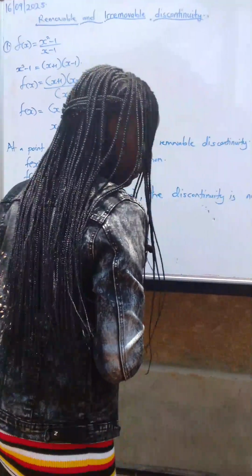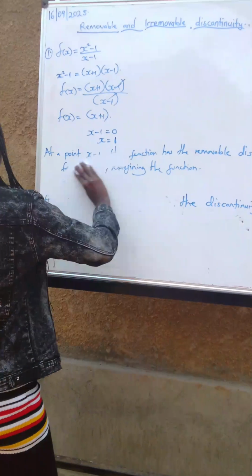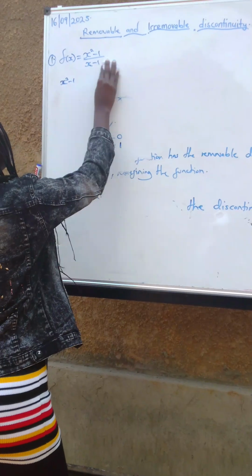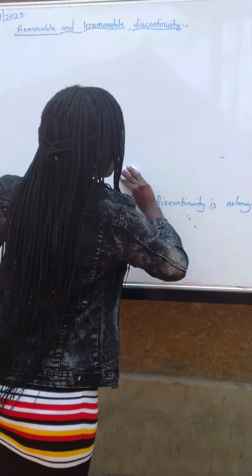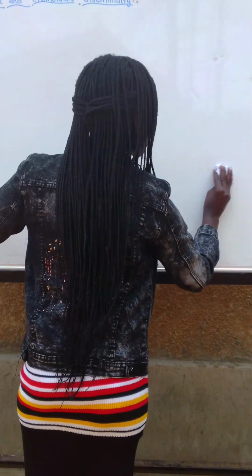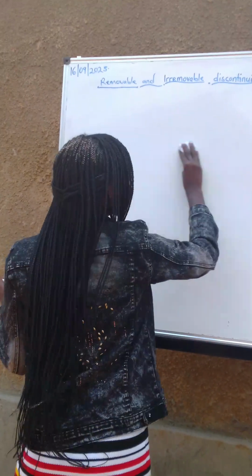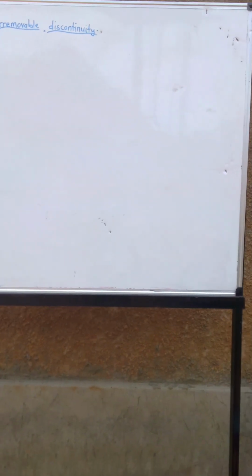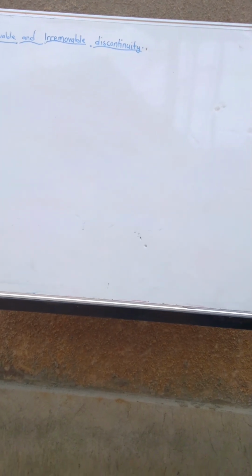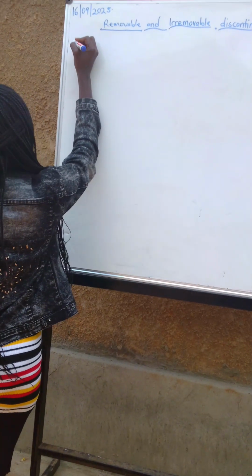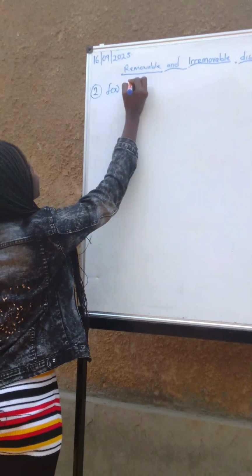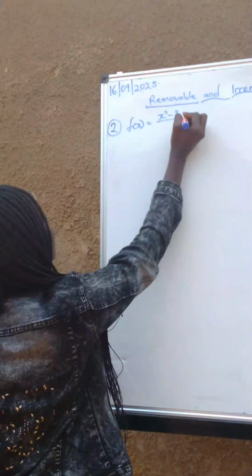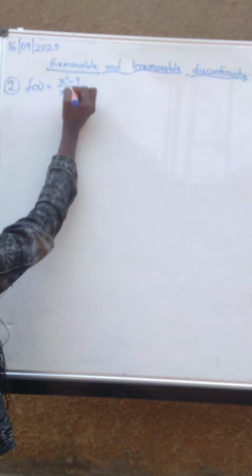Let's see example number 2. Example number 2 is f of x equal to x squared minus 9 over x minus 3.